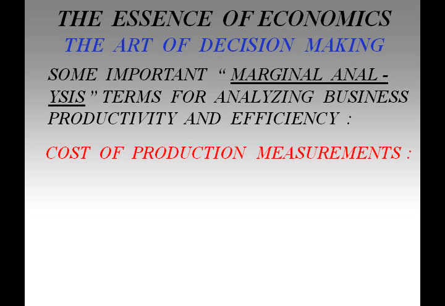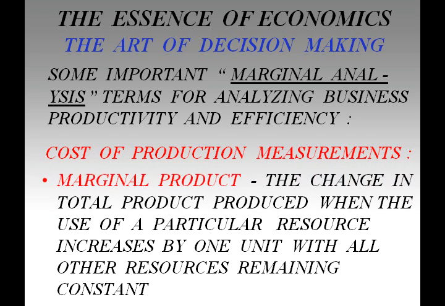And here's the first marginal analysis concept and term for productivity and efficiency under the category of cost of production. It's what we call marginal product. Marginal product is the change in total product that is produced when the use of a particular resource increases by 1 unit with all other resources remaining constant.